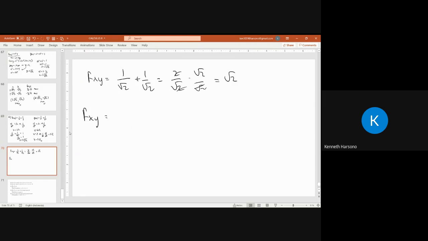And if negative, then this one becomes minus square root of 2. Maybe I can check this one. And this one is minus square root of 2 and minus square root of 2. So this one is a maximum and this one is minimum.